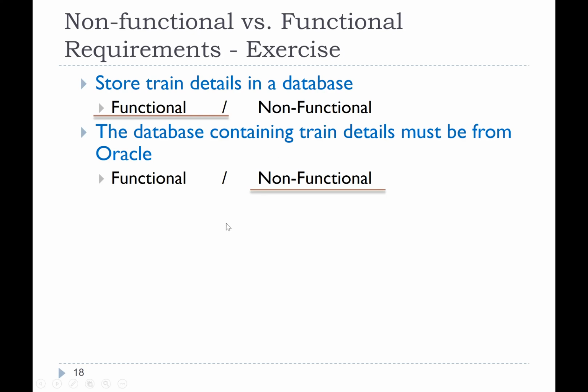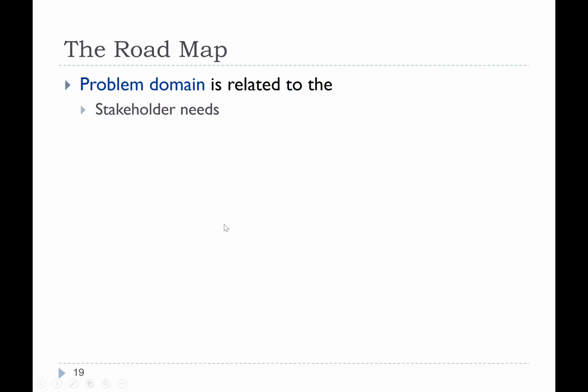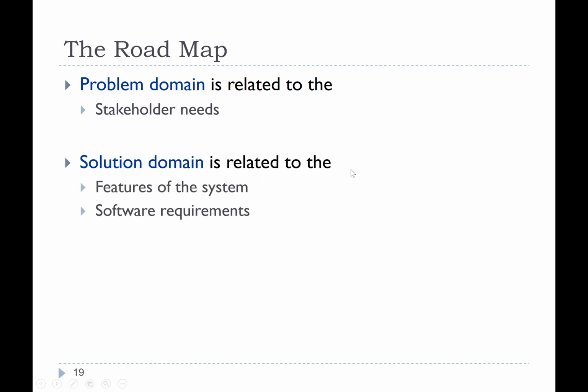The other thing, where we come in as software engineers, is that stakeholders or customers tend to tell us what they want rather than what they need. I know this example is a bit outdated, but say you ask a customer, what car do you want? And the customer says, I want a Ferrari. It's exciting, it's a sports car and so on.